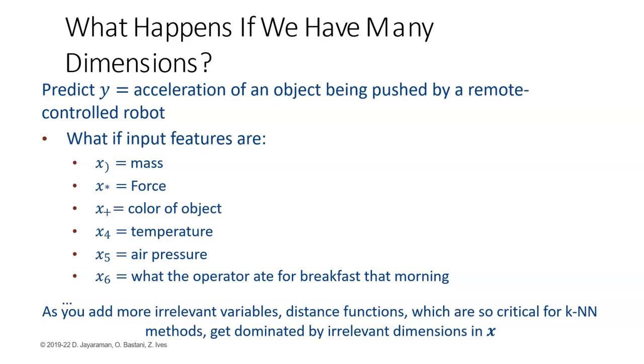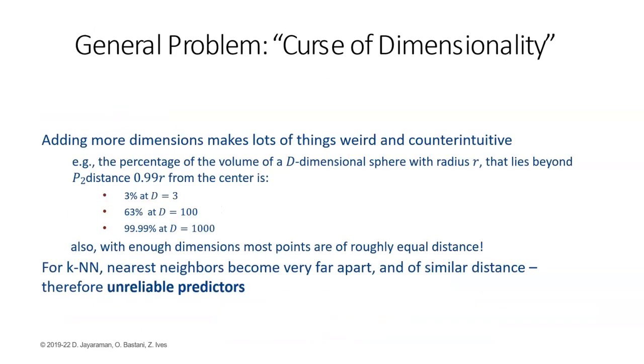As you add more irrelevant variables, the distance function in the KNN method gets dominated by the irrelevant dimensions in x. So you must be very selective. Dimensionality reduction is very important here. Some dimensions are not contributing to the labeling or prediction, so you have to remove them, and be selective by majority voting or any method you choose.